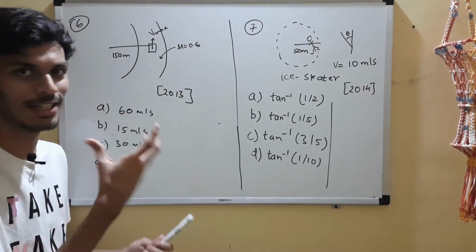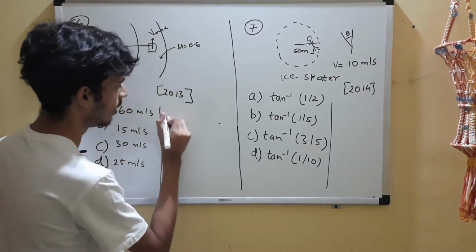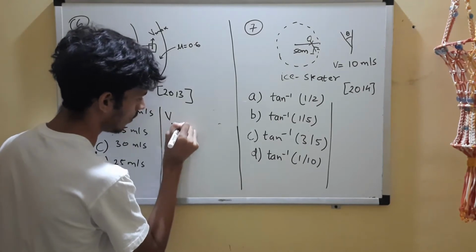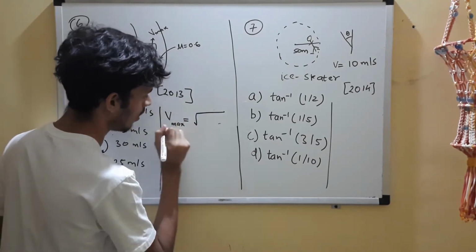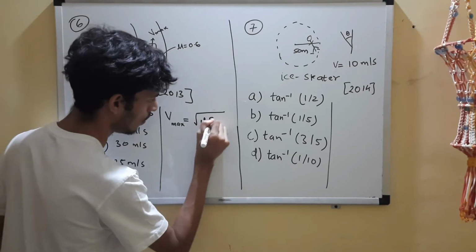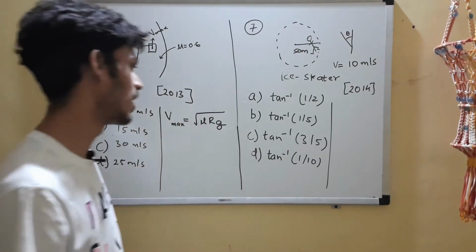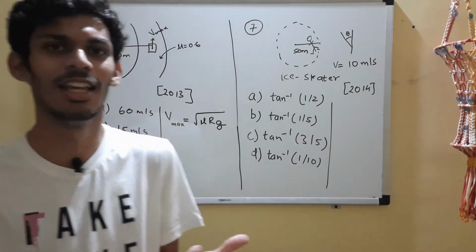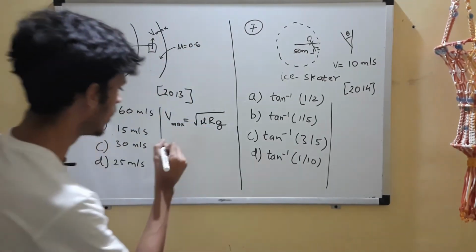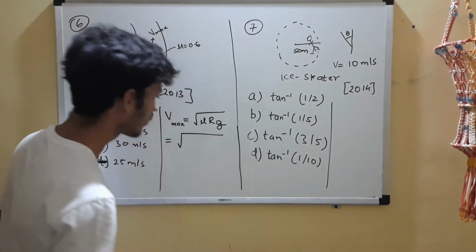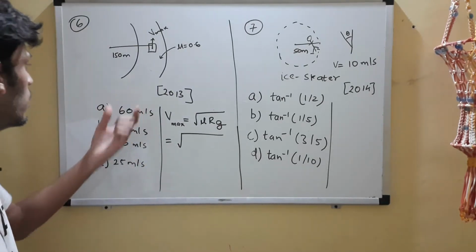This is actually a board level question, right? A direct application of formula, which is Vmax is nothing but root of mu rg. This formula you might know. This is something which they teach in school also, very basic formula. So just substitute.